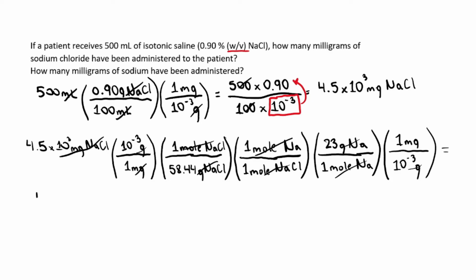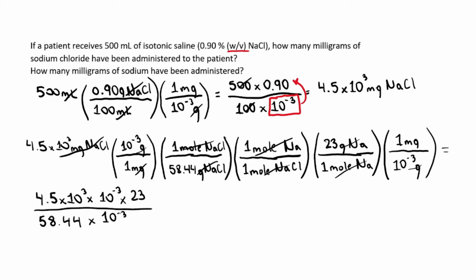So that gives us 4.5 times 10 to the 3 times 10 to the negative 3 times 23 divided by 58.44 times 10 to the negative 3.